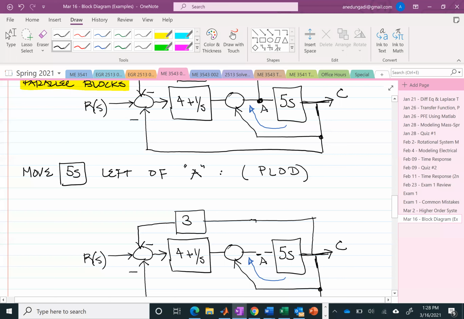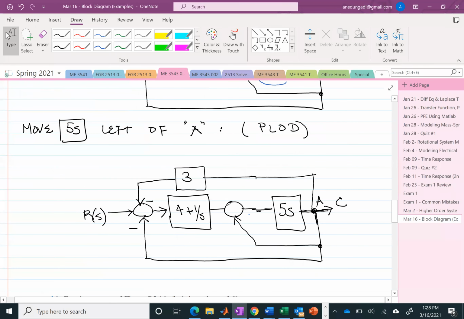Just a second. So this becomes A. Do you agree? Does everybody agree with that? Correct? Okay, good.